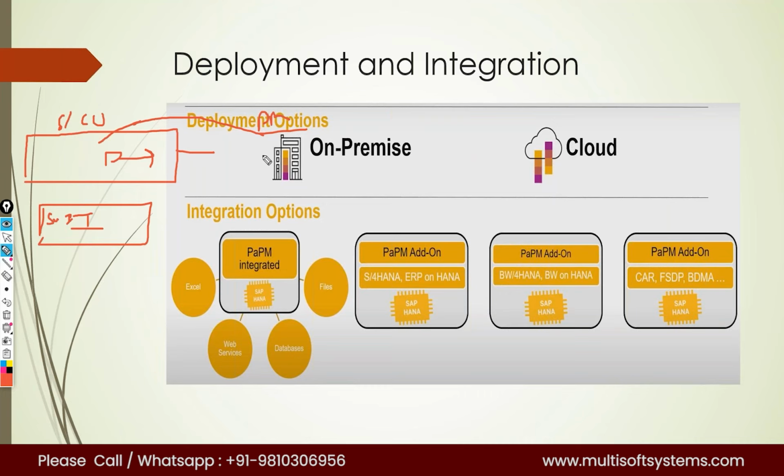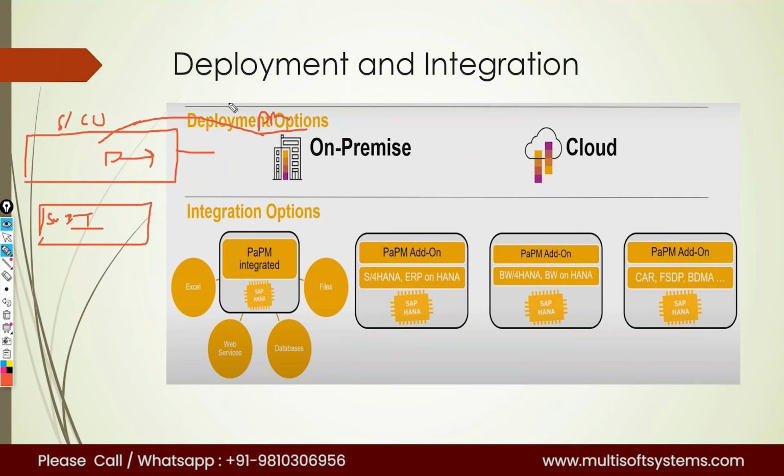And when you run, the same process will be faster than the normal S4 programs, because an ABAP program runs differently and the PAPM functions run differently. So technically, the output will remain the same. You can do the postback also, but the technical aspects, how it runs, the runtime and the resources utilized by PAPM will be different.